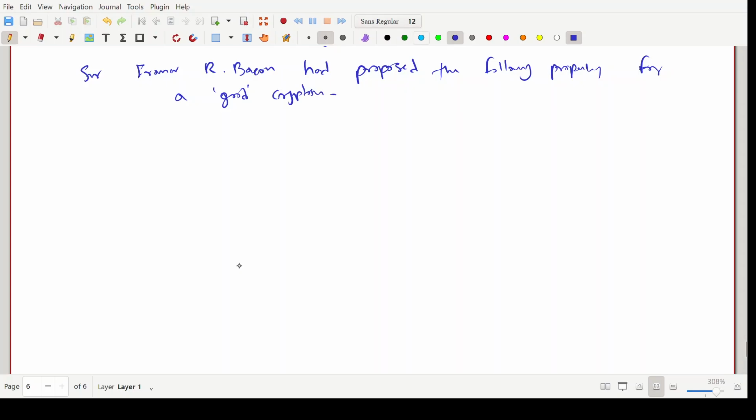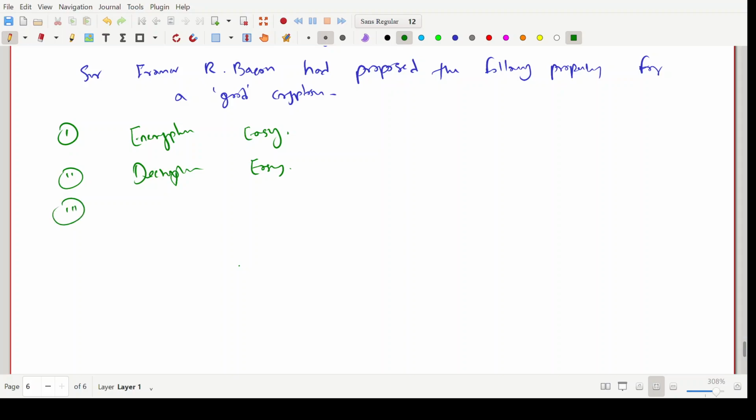What are the properties? The first one is, as we have already told you, the encryption function should be easily computable. Encryption should be easy. Second, decryption should be easy. That means if you are having a decryption rule, you should be able to decrypt easily.